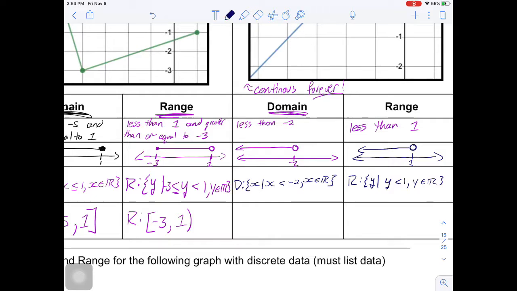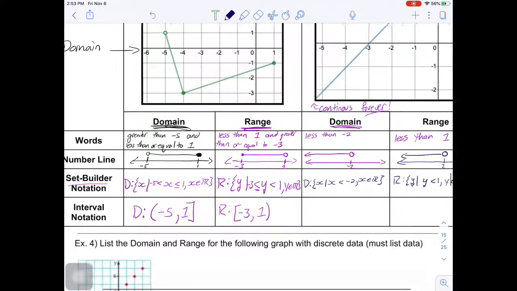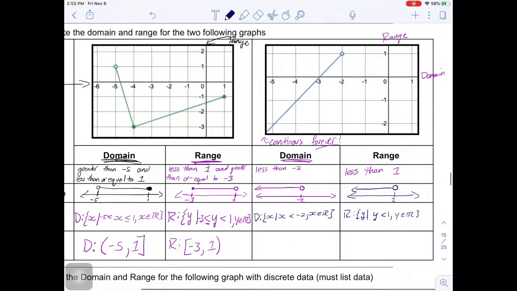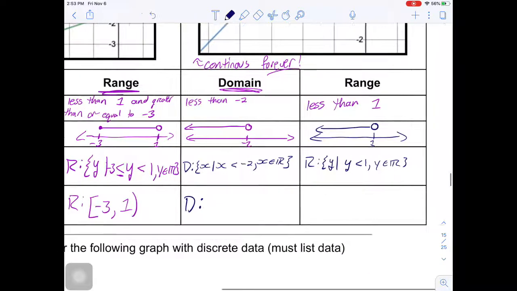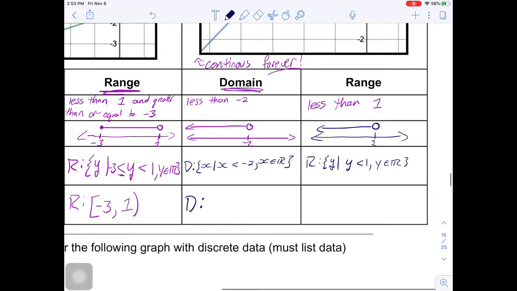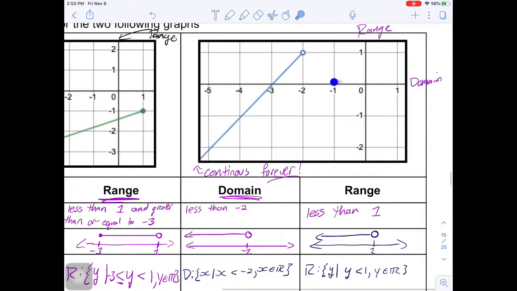Now let's represent this using our interval notation. So interval notation, remember, we're going to talk about our domain. And remember, interval notation, the first number you state is always the smallest number you're talking about. So what's the smallest number we're talking about in our domain?